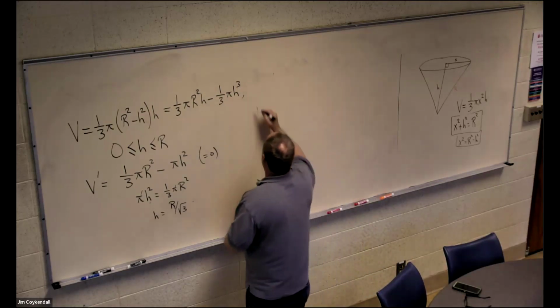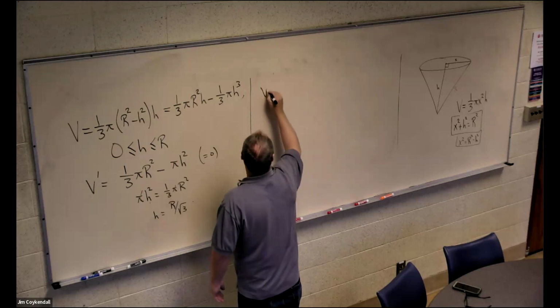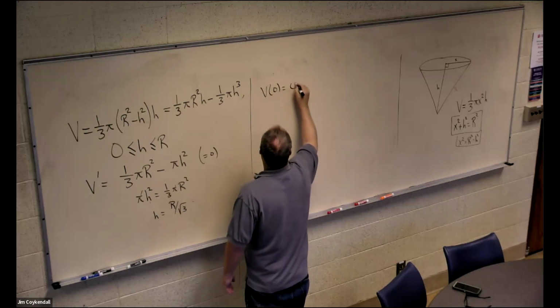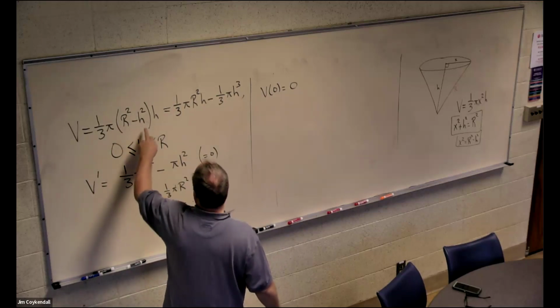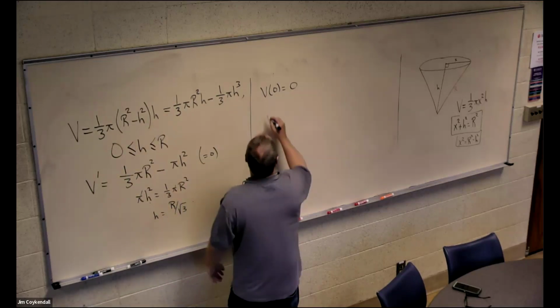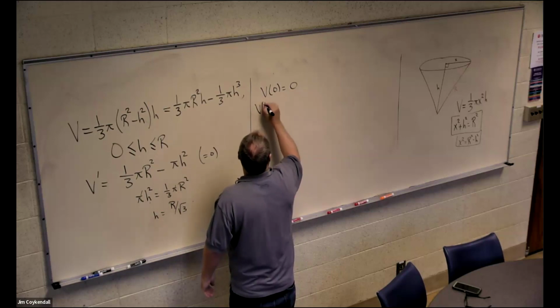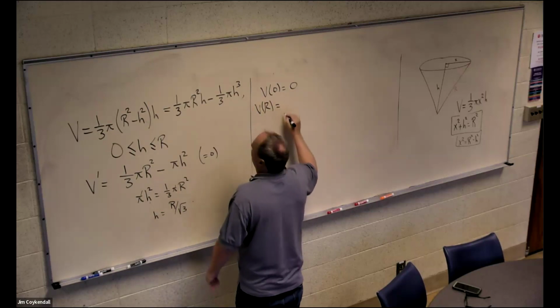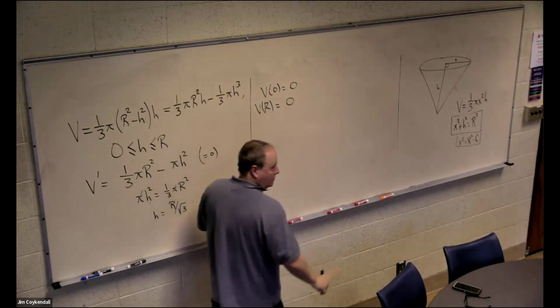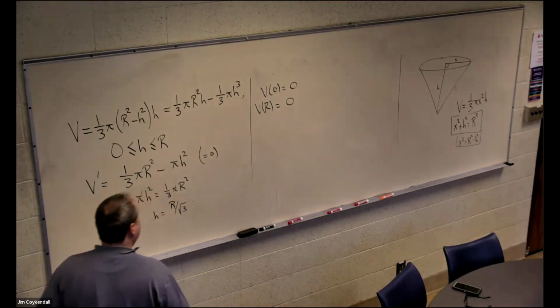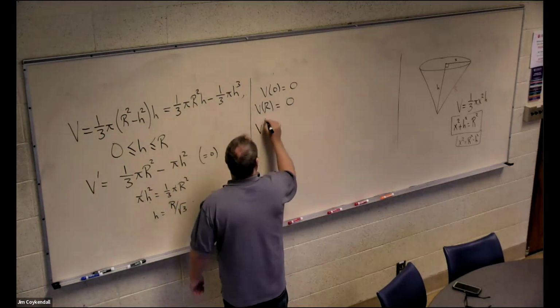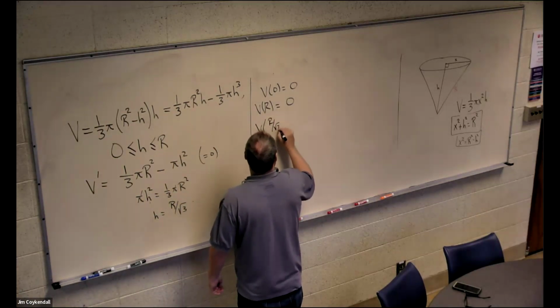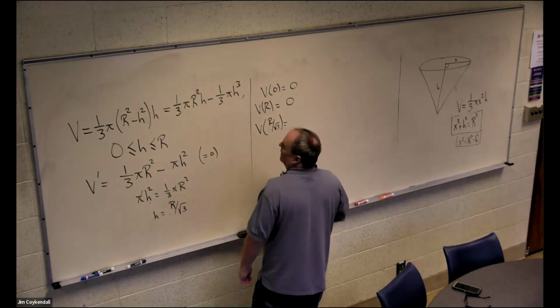So all I'm going to do is check. The endpoints have got to give me 0. Notice that V of 0: putting in h equals 0 gives 0. Plugging in R also gives me 0. And so if I get anything that's positive, plugging in R over square root of 3, that will be the maximum. And what do I get here?